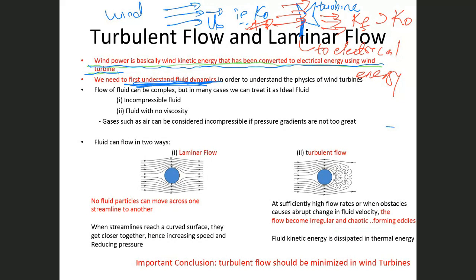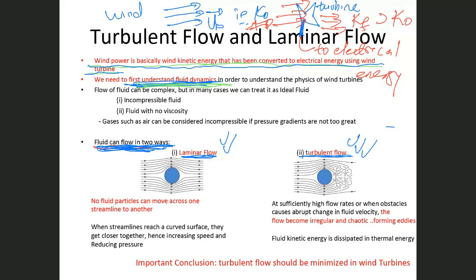Therefore, we can understand the physics of air or wind based on the fundamentals of fluid dynamics. There are two ways in which a fluid can flow in general: the first is laminar flow, and the second is turbulent flow.